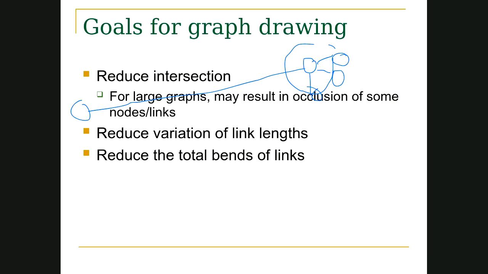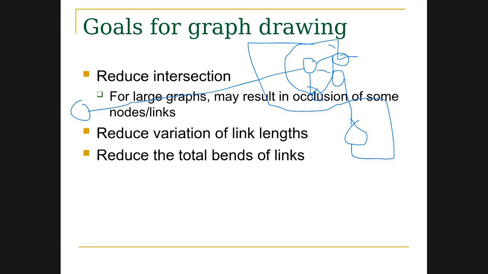And the final one is to reduce the bending on the links, make the links straight. Again, if they're straight, then neighborhood has a meaning. A cluster means a cluster, and it's easier to follow. So rather than have a link that goes all around and connects here, have it straight. So many times having a straight link actually has a benefit.